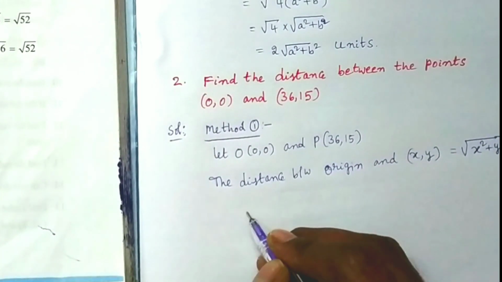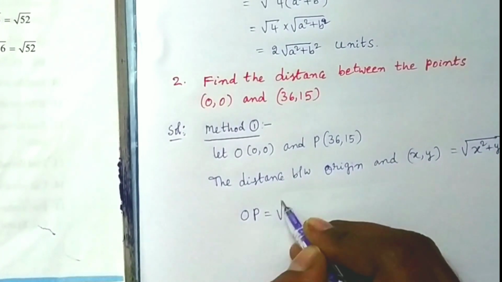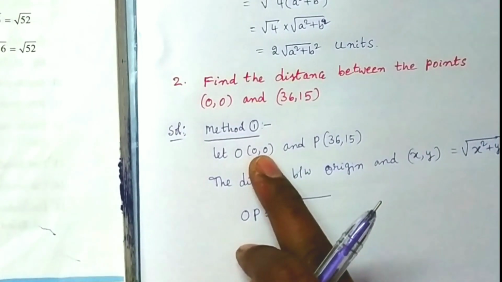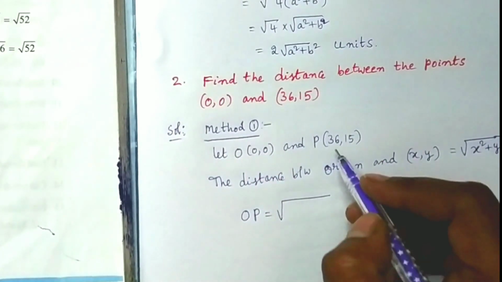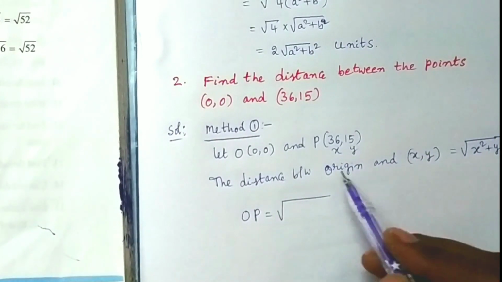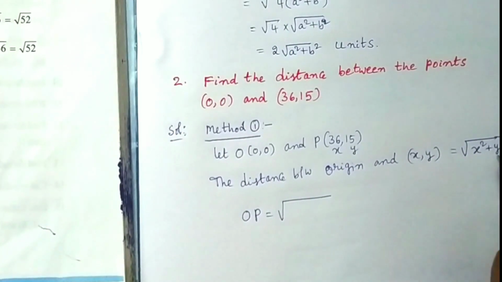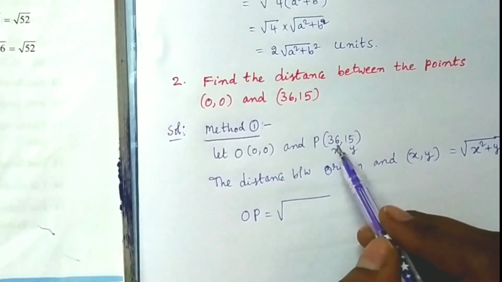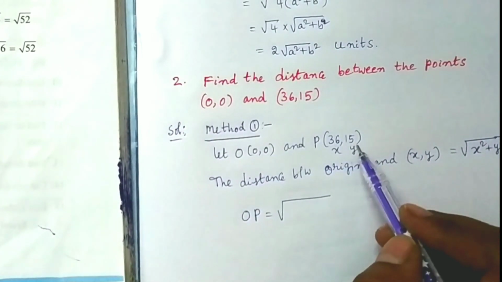So OP is equal to, now origin leave it and take this point as x comma y. So formula is square root of x square plus y square. So take this point as x, y, that's enough.